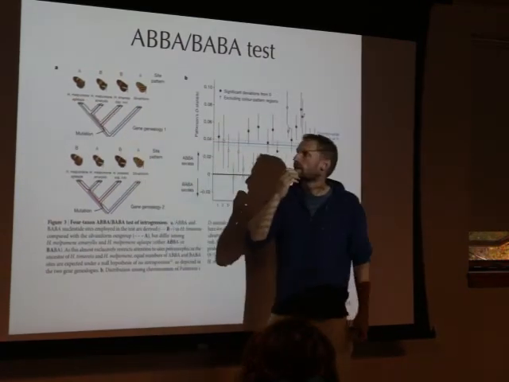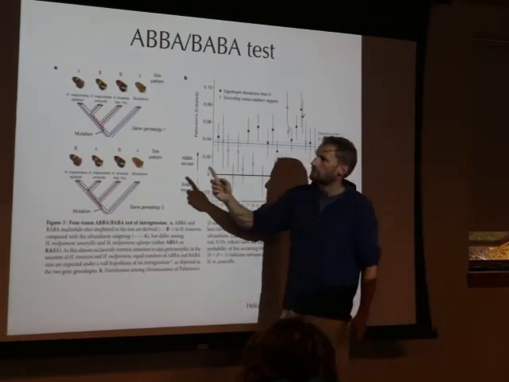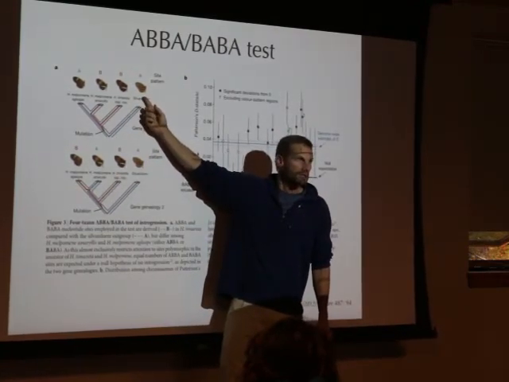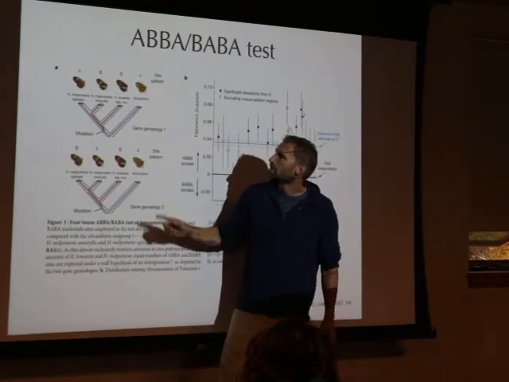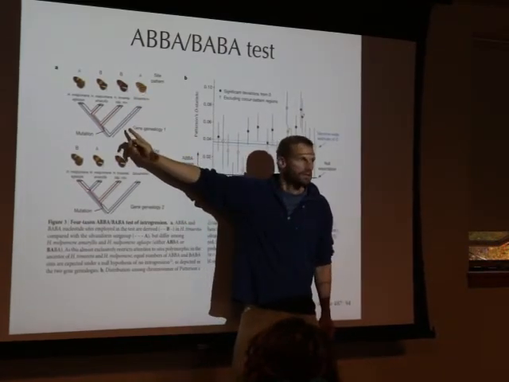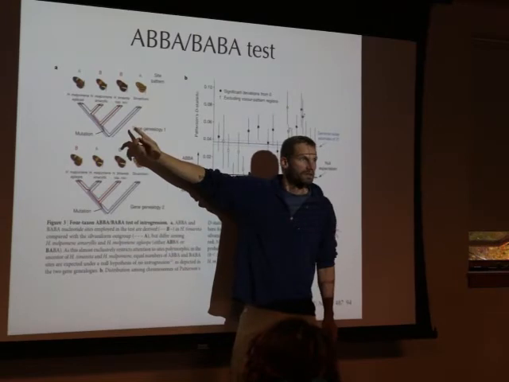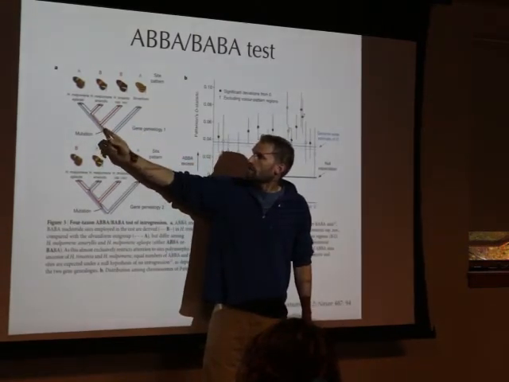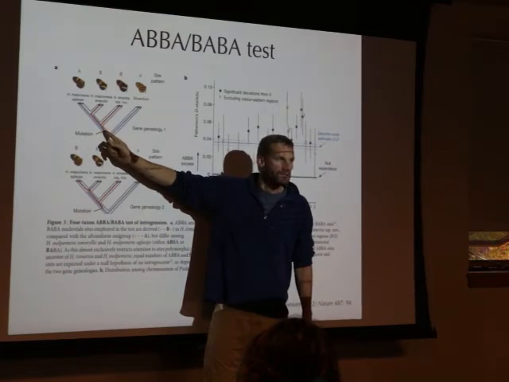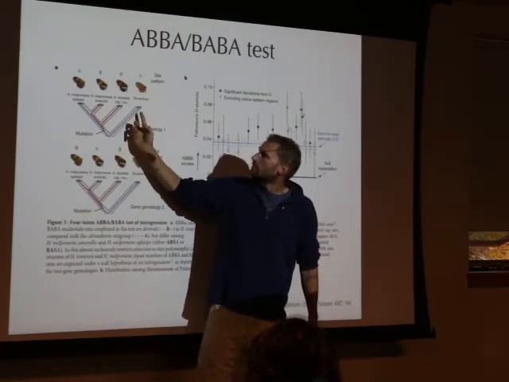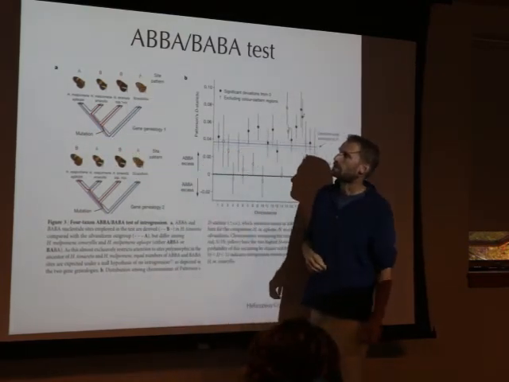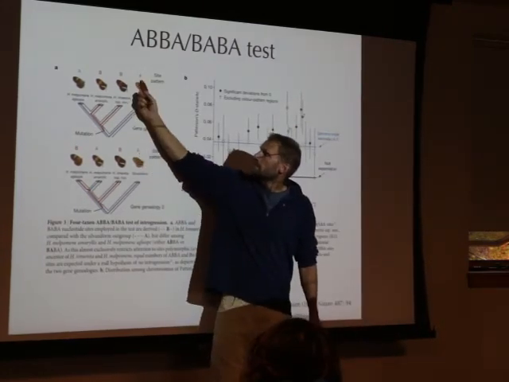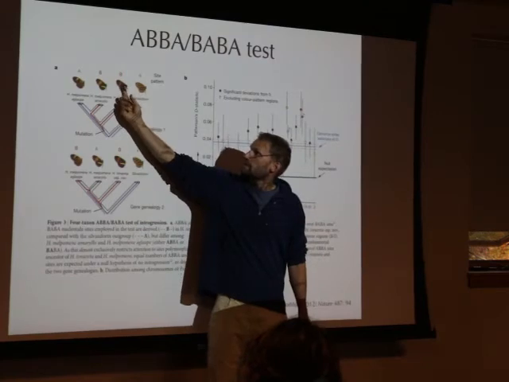The way you do that is, if you have this fourth outgroup taxon way down here, you can tell what the ancestral allele is at a particular locus. And then there's a change that happened on this branch of the tree. These alleles are labeled A and B, which is where the name comes from. Here's the ancestral allele. Here's the derived one.